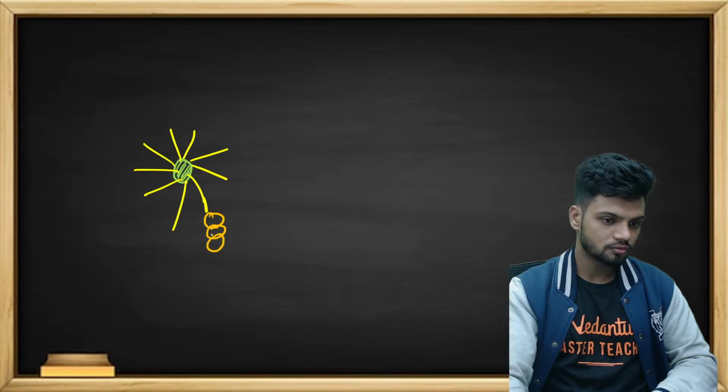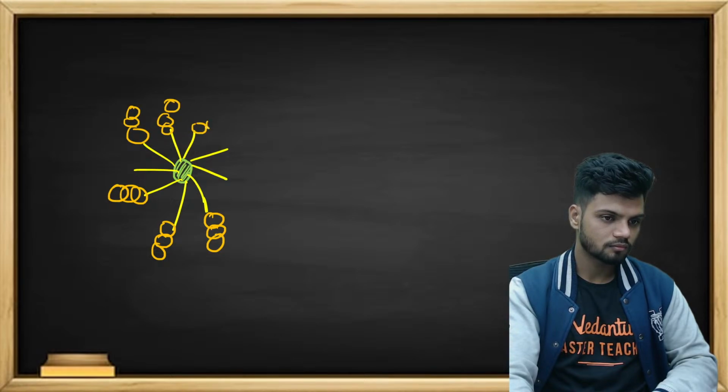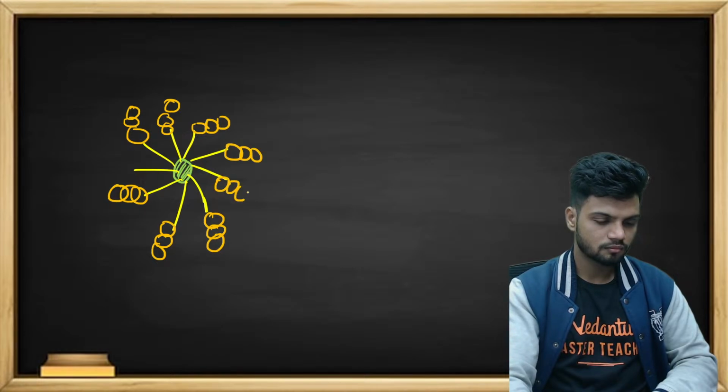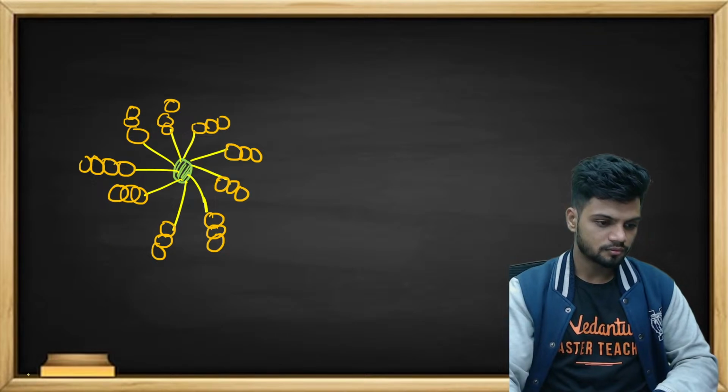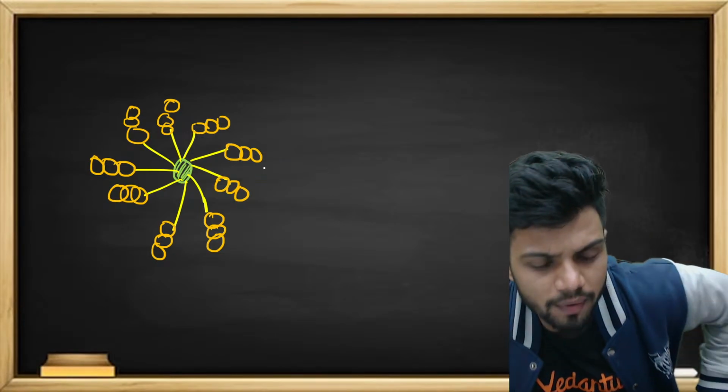1, 2, 3, 1, 2, 3. So completely 9 radial spokes, each one with a triplet of microtubules.